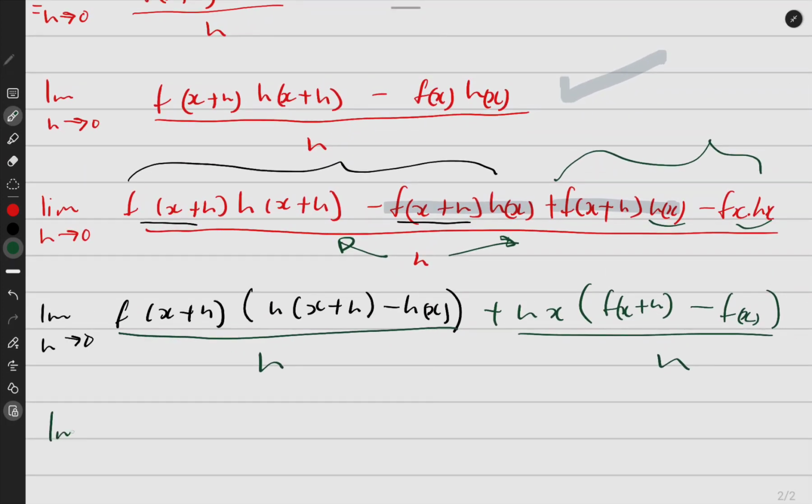And then the limit as h approaches 0. I'm going to use limit laws to take the limit for this part, and the limit of this part. So I'm going to take limits for each term. So from here I can now say, let me just do it like this.